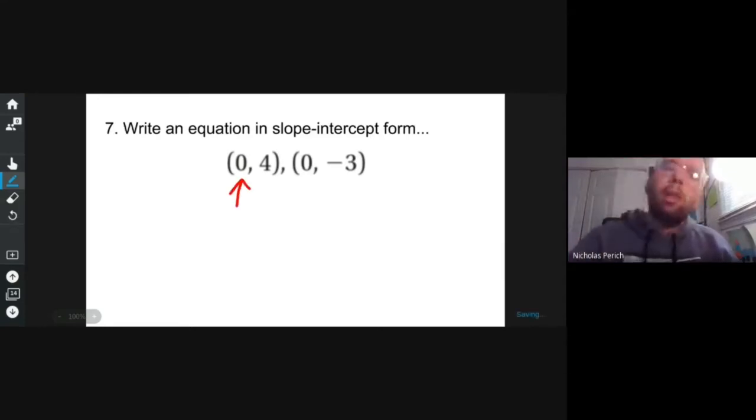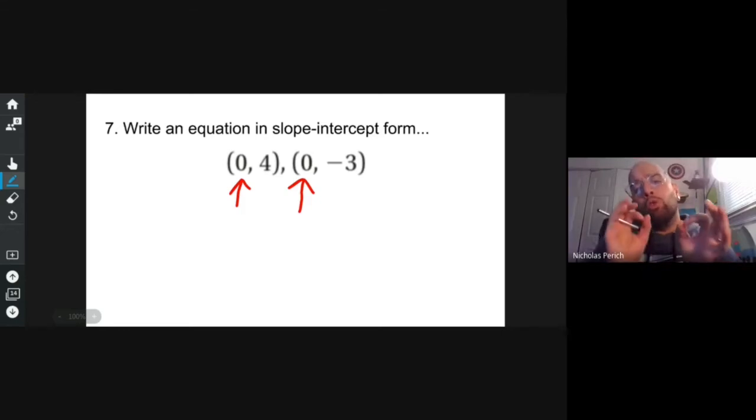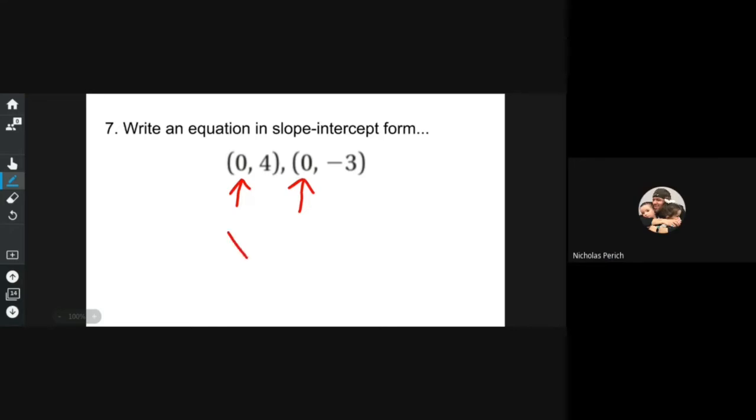How am I going to take that to answer this problem? Look at that x value. And look at that x value right there. They're both 0. So without having to do any of my work, if I notice that I'm to find an equation in slope-intercept form and I notice that both of my x's are the same, then your answer is x equals that number.